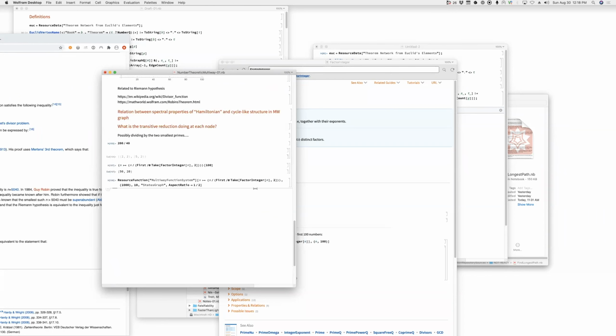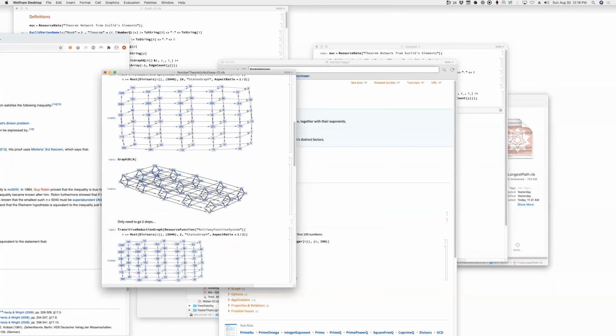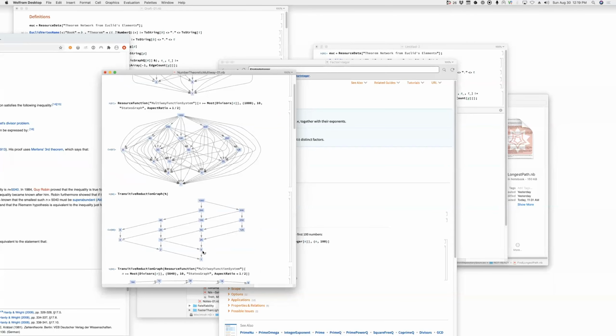No, it doesn't. FactorInteger doesn't include 1. Oh, wait, why does FactorInteger have to include 1? All that's going to happen is you're going to divide through by the number and you're going to get 1. Yes, which is what you want, to get a self loop. Oh, you're right. That only has 1 successor.